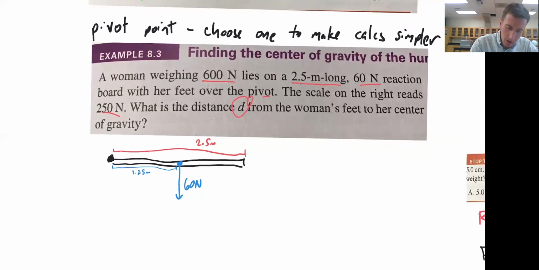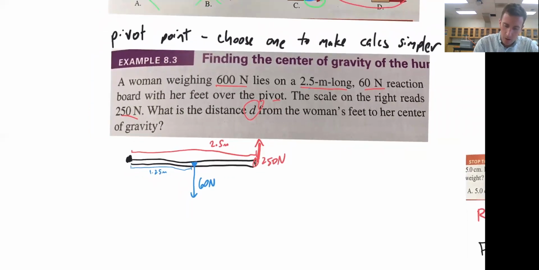And there's a scale on here. And that scale's holding it up here. So that indicates that there are 250 newton force there. So that scale is being pulled upwards, right? The scale is holding it up. And now I need to figure out what's the distance from the woman's feet to her center of gravity.